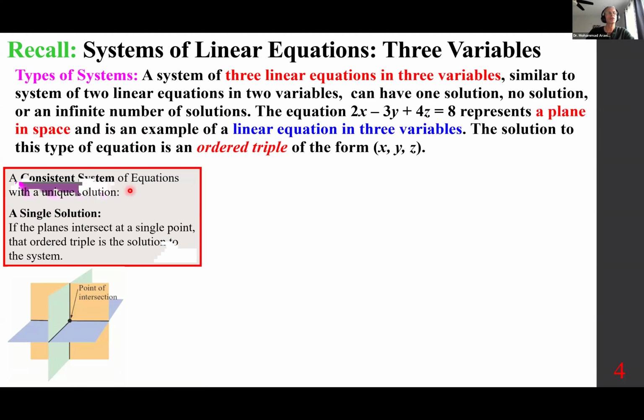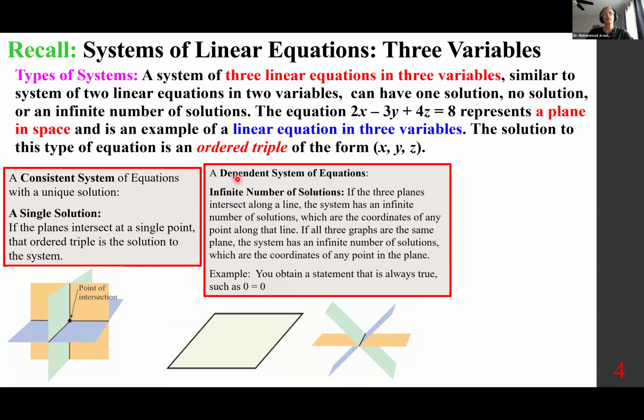A consistent system of equations with a unique solution. There is a single solution. If the planes intersect at a single point, that ordered triple is the solution to the system. Here's a point of intersection for all 3 planes. Dependent system of equations. We have an infinite number of solutions if the 3 planes intersect along a line, such as this one.